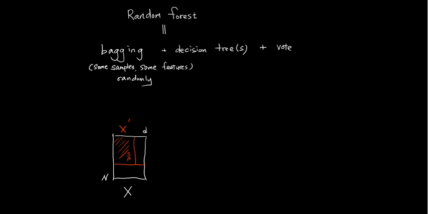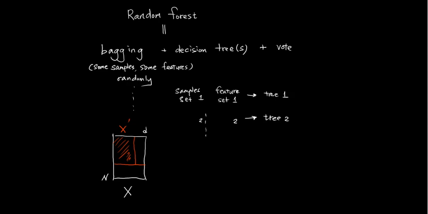So basically you have a lot of different samples and features. So sample set number 1, feature set number 1, and you do this several times, and then it gives you tree number 1. And then you have sample set number 2, and then feature set number 2, and then it will give you tree number 2.